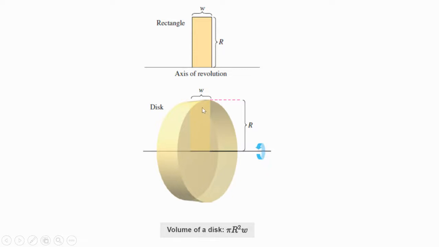And you see, if you take, and here's a drawing, if you take that rectangle and spin it around, you get a disk. Now, the top of the disk over here is going to be a circle, and the bottom of the disk is going to be a congruent circle to the top. And this width really is going to tell you how deep the right circular cylinder is.